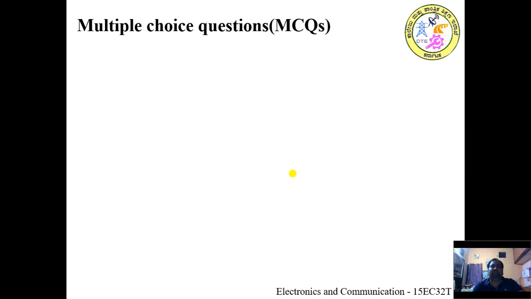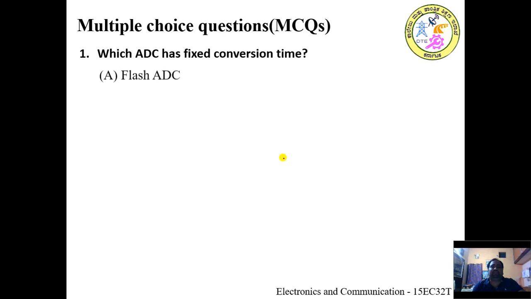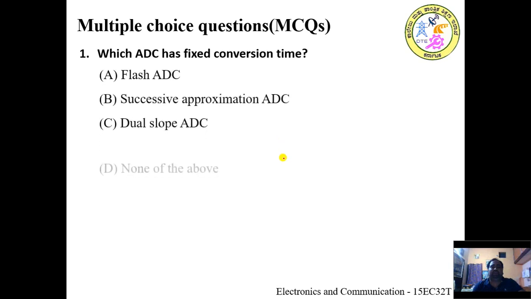Let us discuss some multiple choice questions. Which ADC has fixed conversion time? The options are flash type, successive approximation type, dual slope, and none of the above. The answer is successive approximation type of ADC.